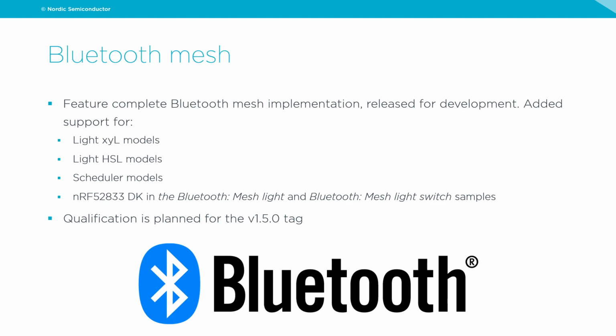To achieve that, we added Light xyL models, which provide control over color changing lights using the CIE 1931 model of color representation. We added HSL models, which provide control over color changing lights using the hue saturation lightness model of color representation.